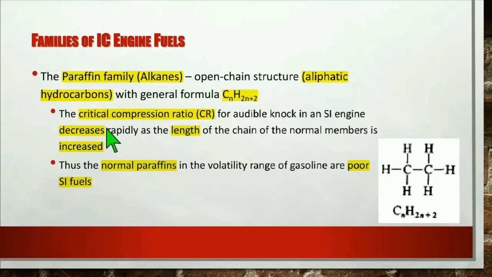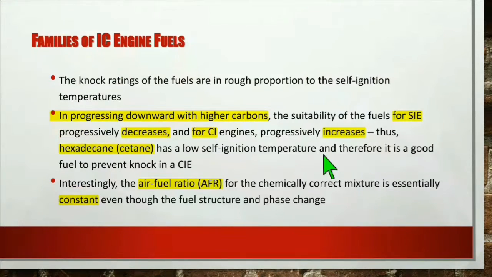The critical compression ratio, CR, for audible knock in an SI engine decreases rapidly as the length of the chain of the normal members is increased. Thus, the normal paraffins in the volatility range of gasoline are poor SI fuels. The knock ratings of the fuels are in rough proportion to the self-ignition temperatures.